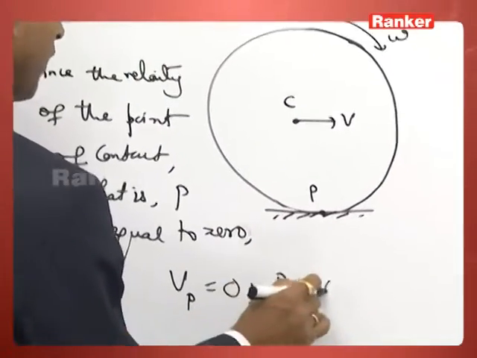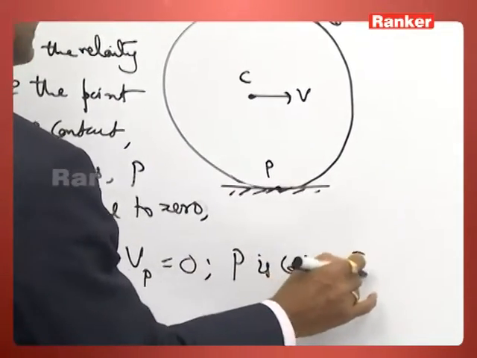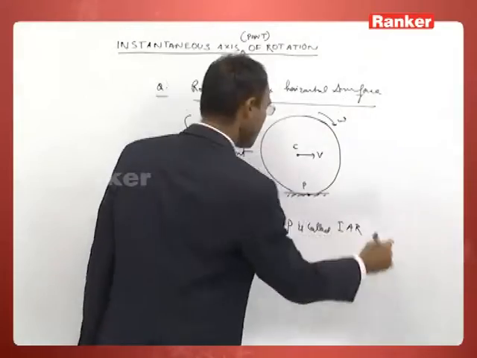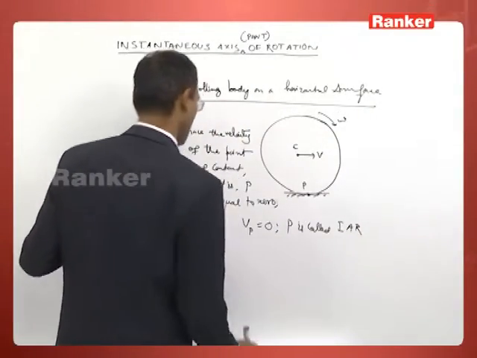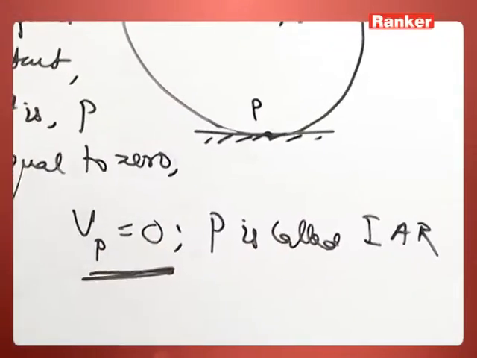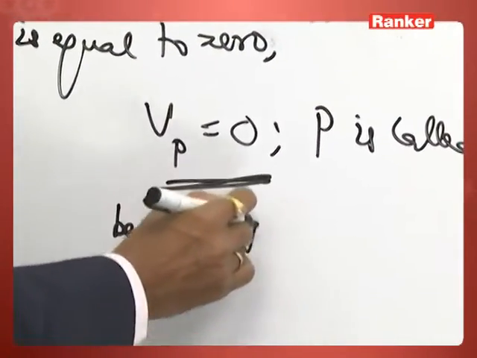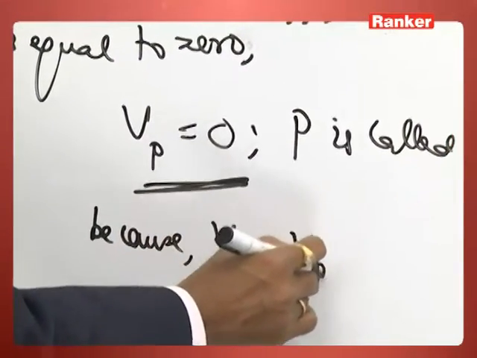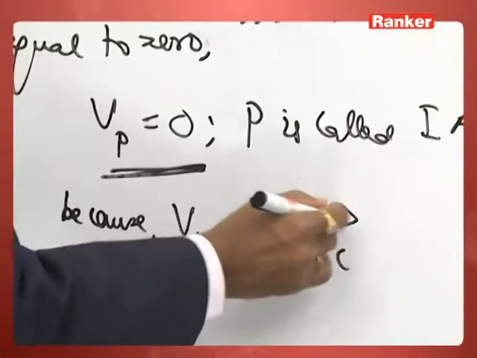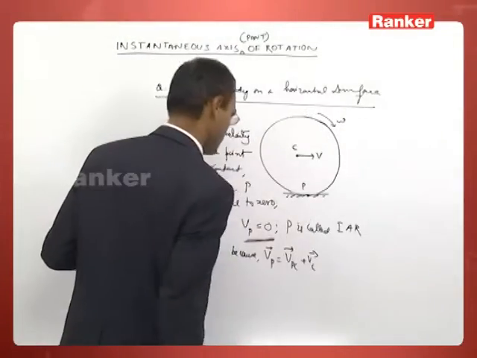P is called instant axis of rotation or instant point of rotation, and this you have already proved, because Vp is equal to Vpc plus Vc.